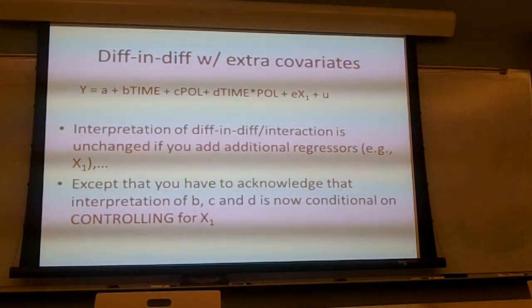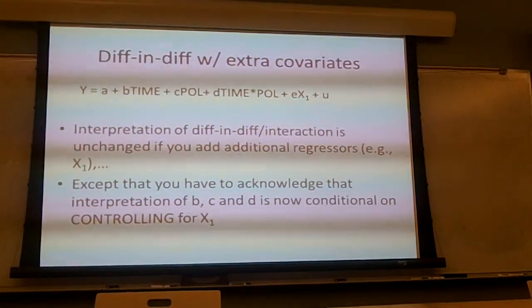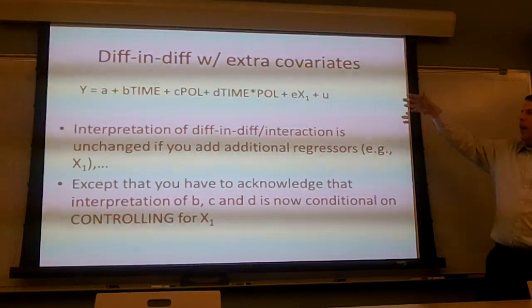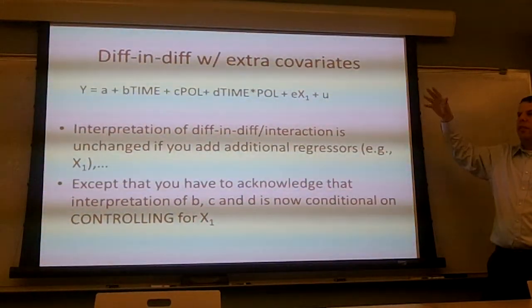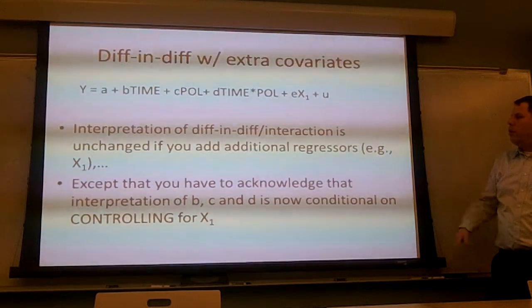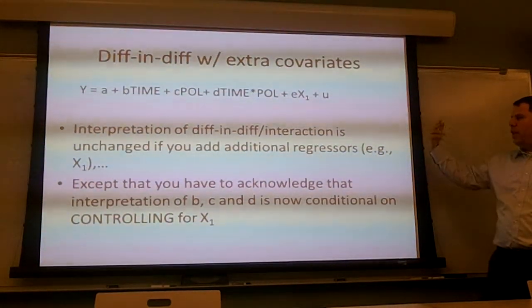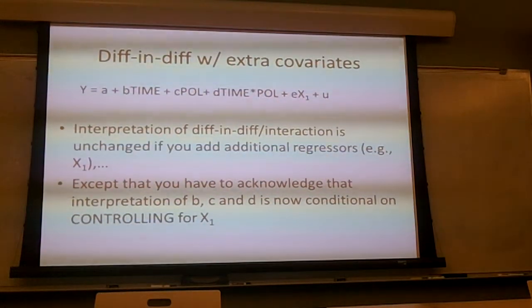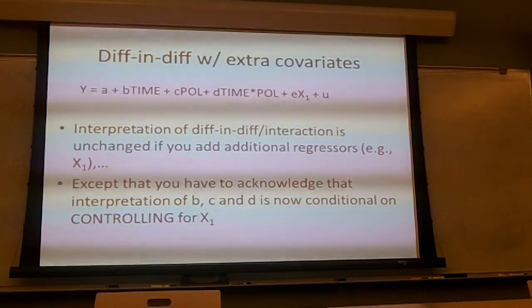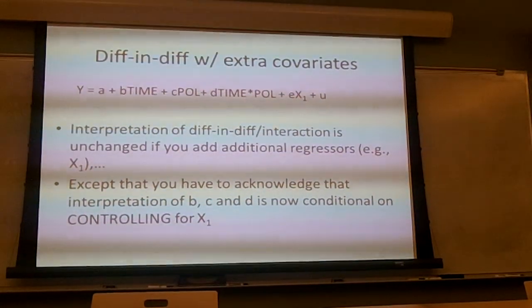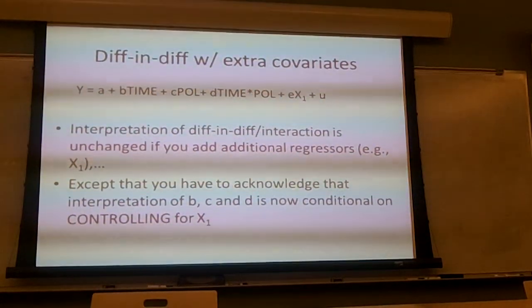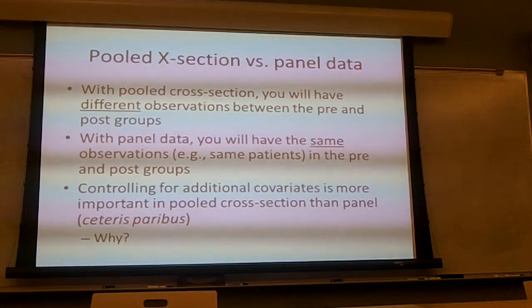Economists don't use propensity scores that often, so they tend to just throw in a bunch of X's to control for things that might be varying over time, or other observable differences in the treatment and control group. The interpretation is the same, which is awfully nice, except that now everything is conditional on controlling for whatever X's are in the model. No big deal. You're not testing exactly the same effect because you're controlling for other things, but it's trivial to add those things to the model.